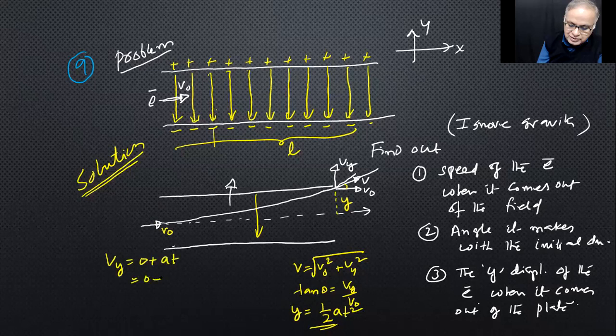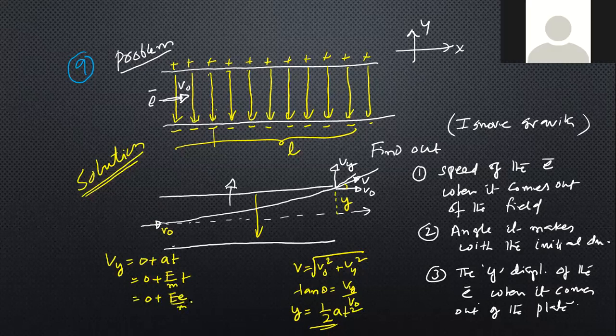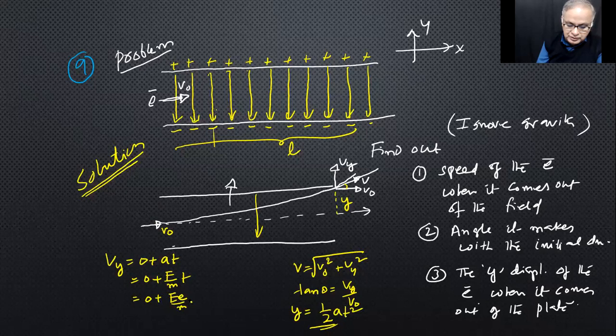Here a is F by m, and F is EQ. V naught is given, but in the y direction the initial velocity is 0. So Vy equals E q by m into t, and t is L by V naught, because in the x direction the velocity doesn't change, so simply distance by speed is enough.